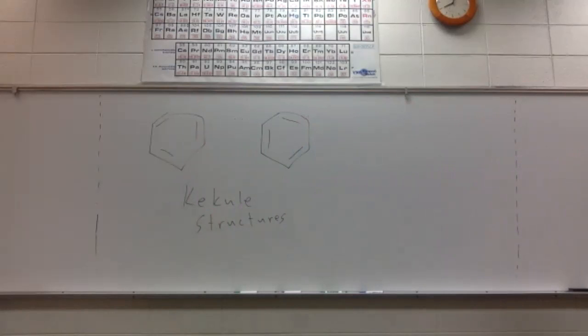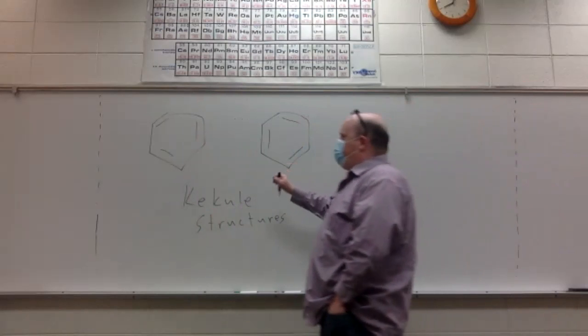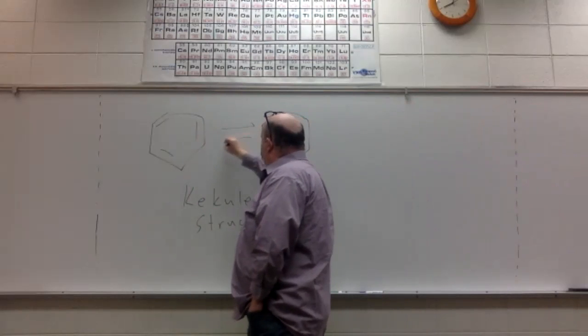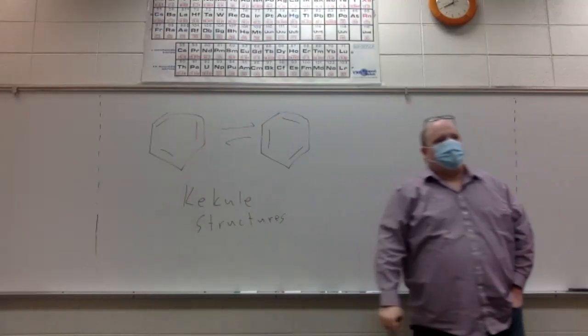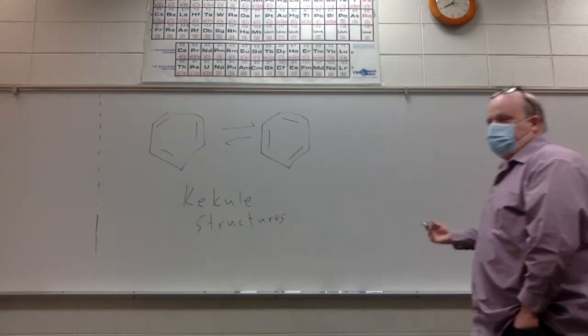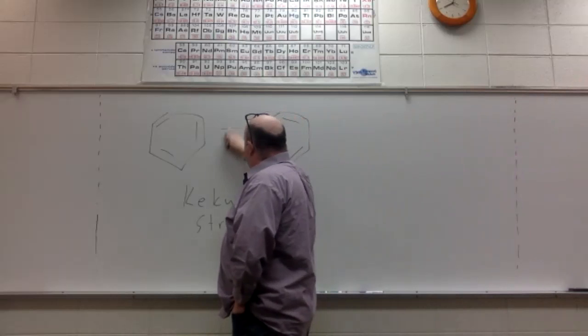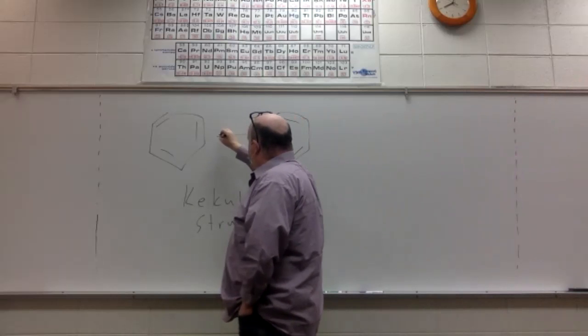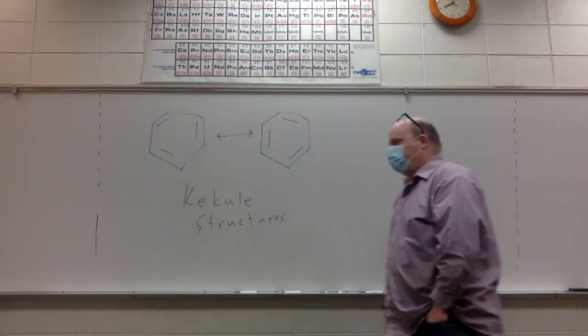He actually initially thought these were two separate compounds that existed in equilibrium with each other. As we know now, that's not the case, right? They're not two separate compounds in equilibrium. They're actually the same compound in a resonance structure.